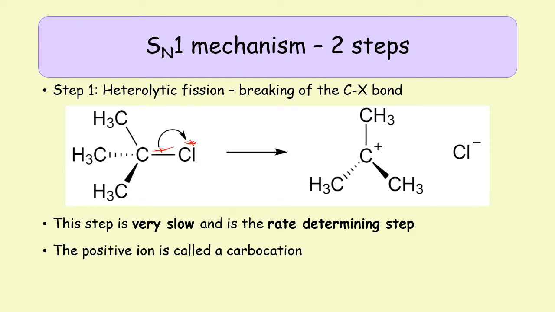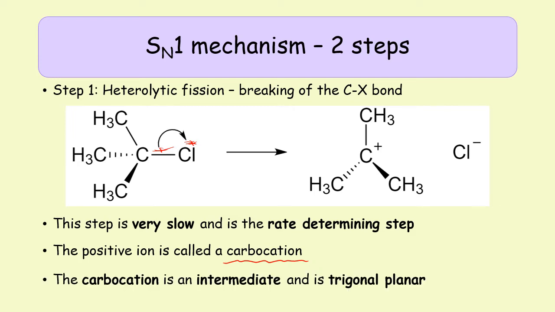So the positive ion is a carbocation. You need to know that. That term carbocation is really important to lots of different mechanisms, and the stability of a carbocation is what determines whether or not a reaction can proceed through a few different mechanisms. The positive charge must be on that central carbon.